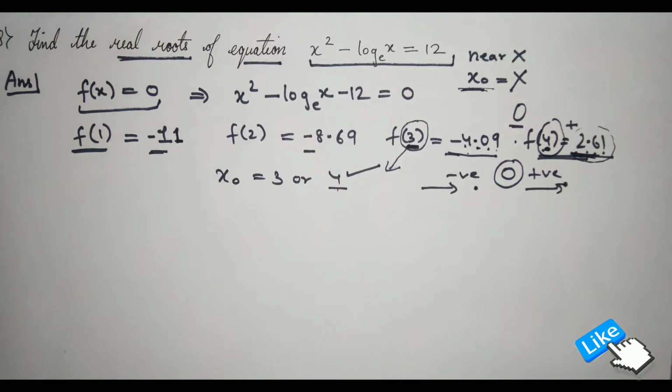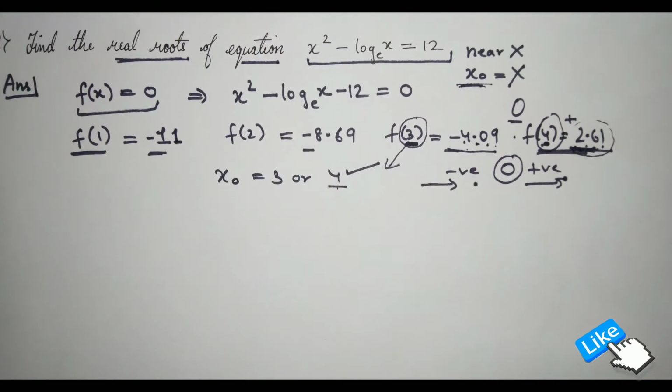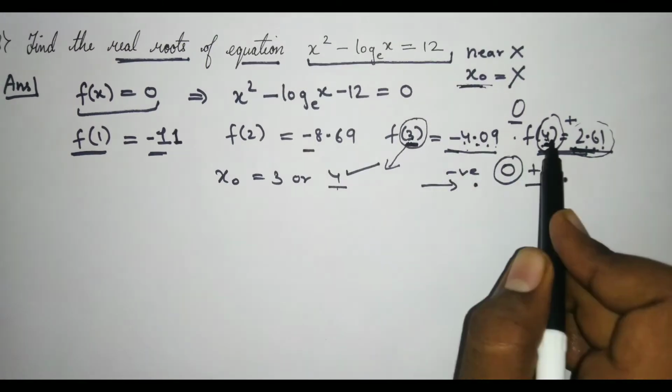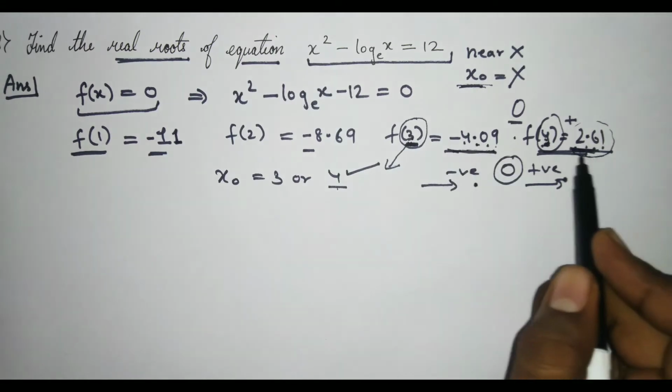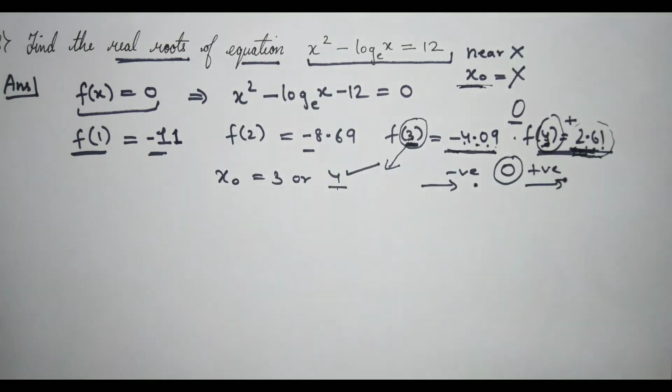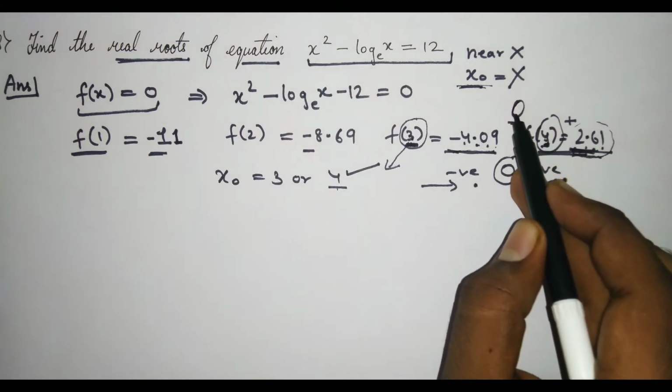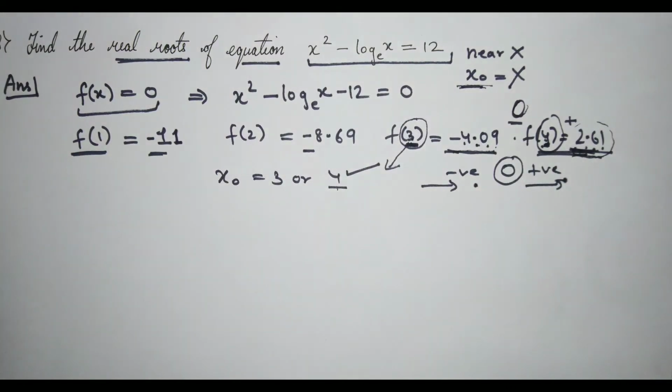So we got the value of x0. Remember, the f of x values are only there to confirm which is nearer to 0, or which numbers 0 lies between.